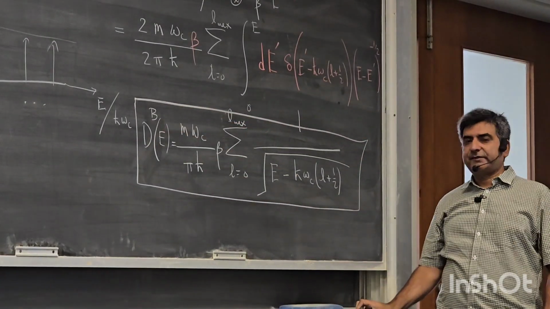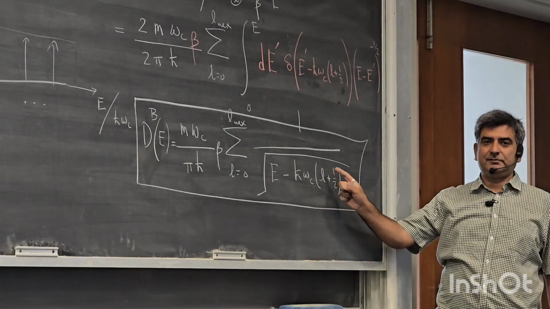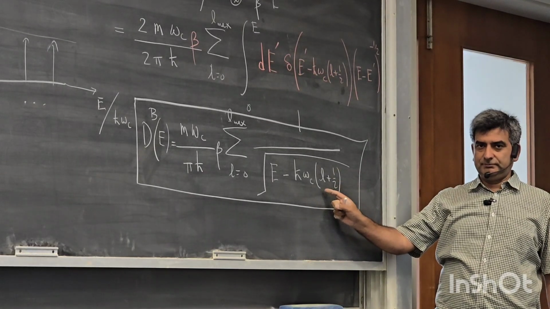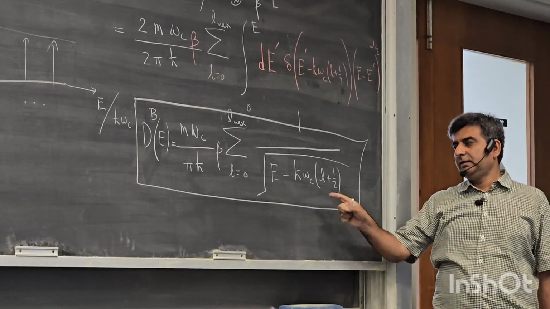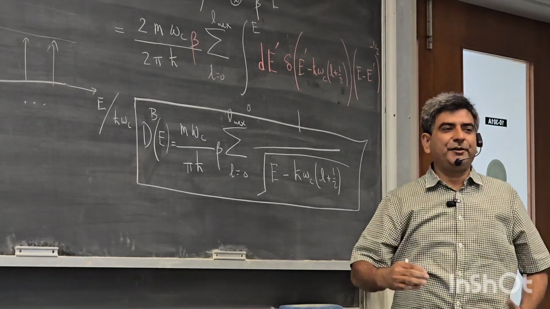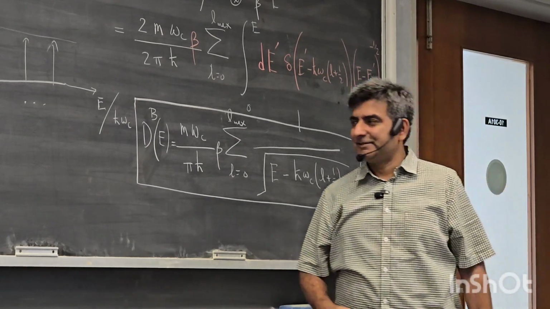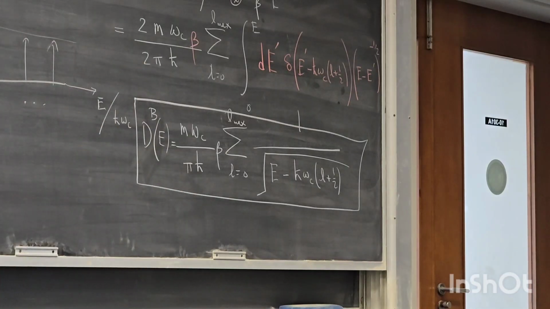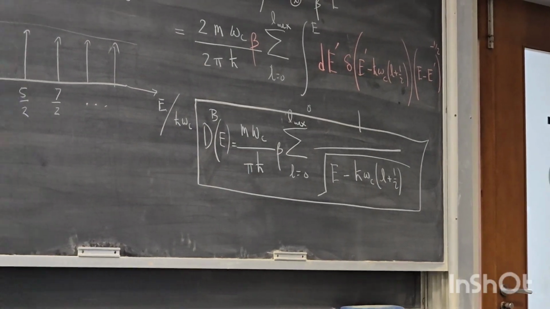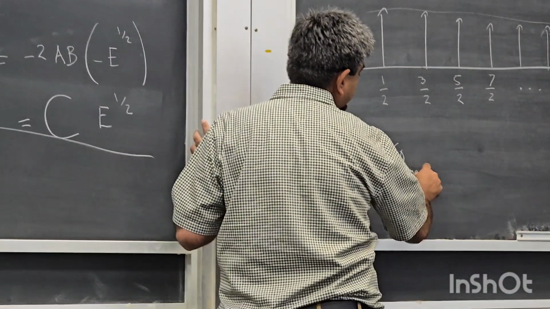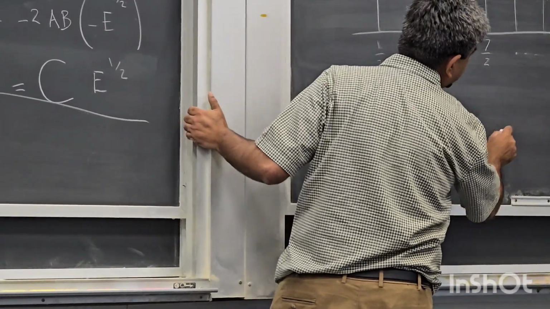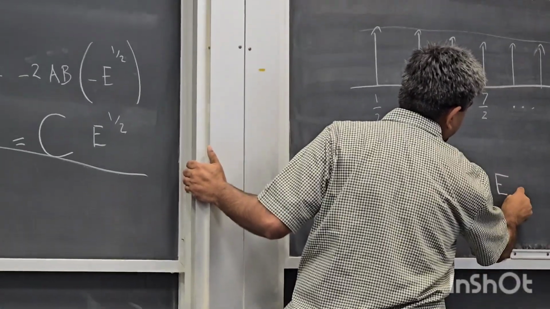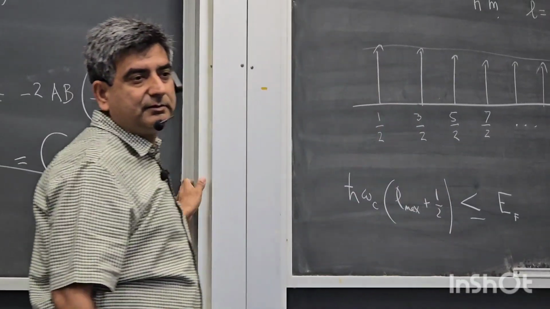Now what is L max? L max is the maximum value of L such that h bar omega c, L max plus half, is less than or equal to EF, right?